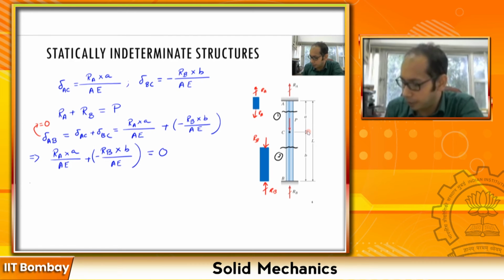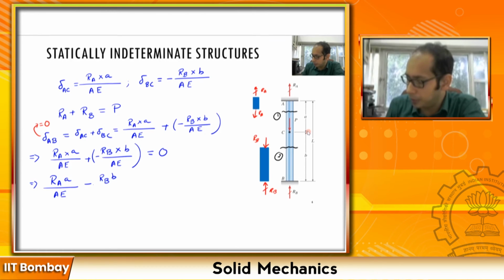Simplifying further, we have RA times A by AE minus RB times B divided by AE equals 0, right?